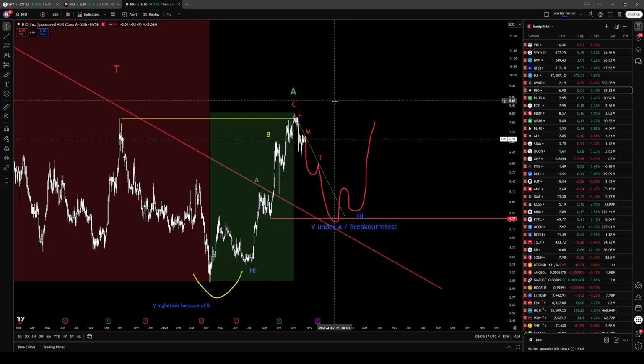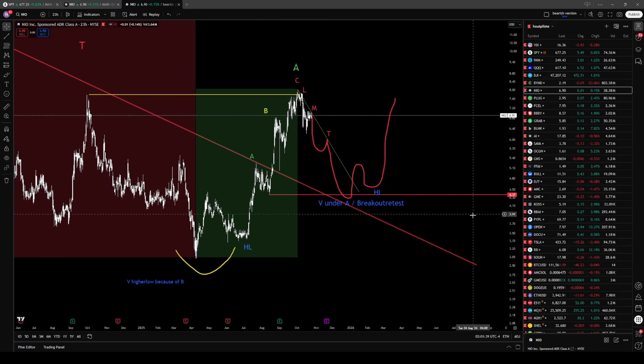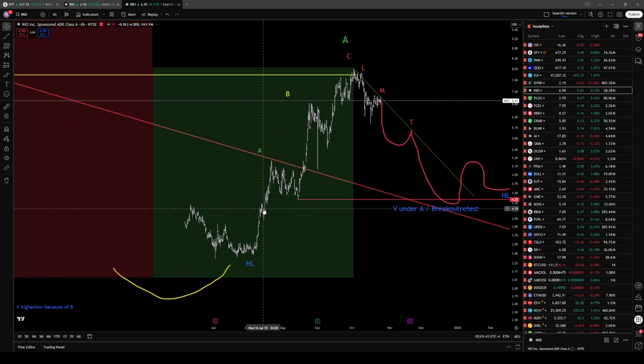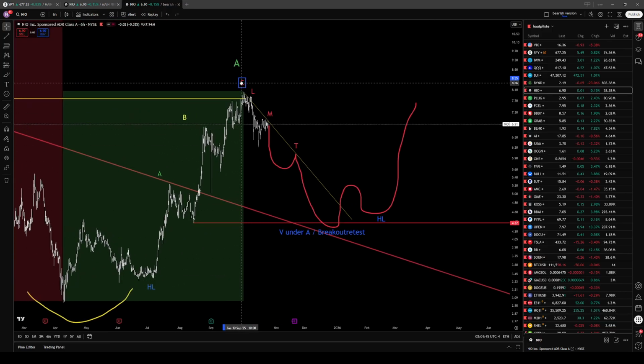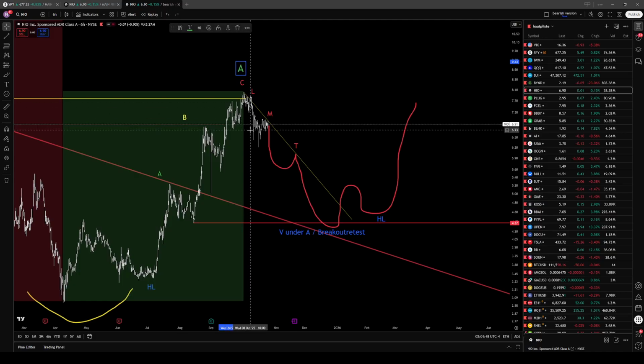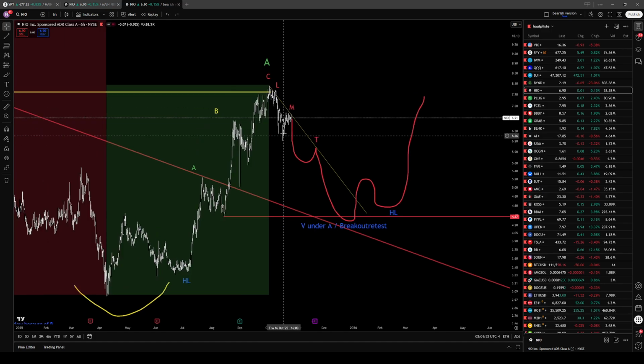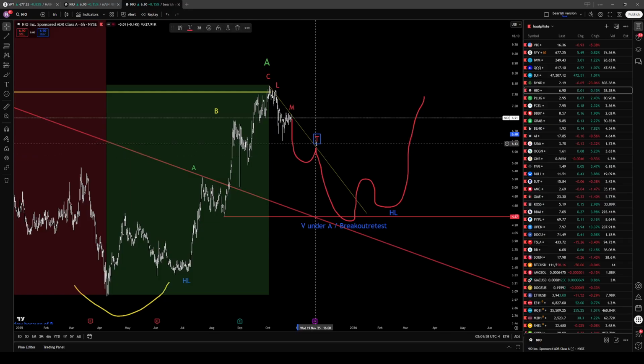Our little C peak is also in. We already did our lower high. We already did our midpoint. And in my opinion, right now we will fall off, come up again, do our T peak, and then we go to V under A.